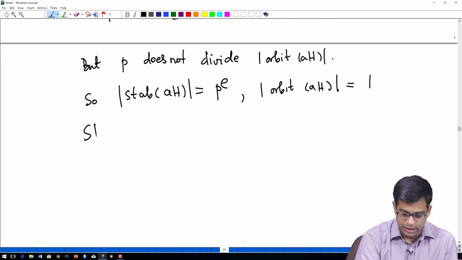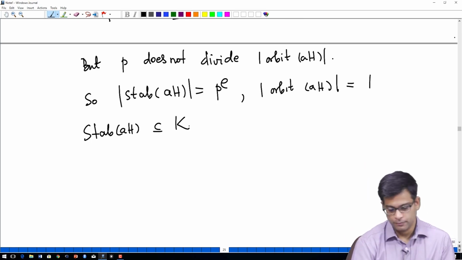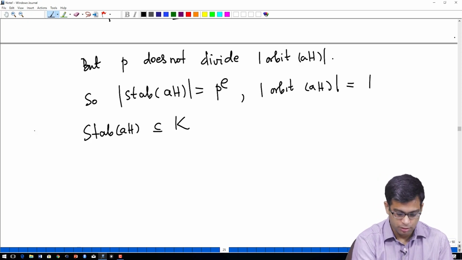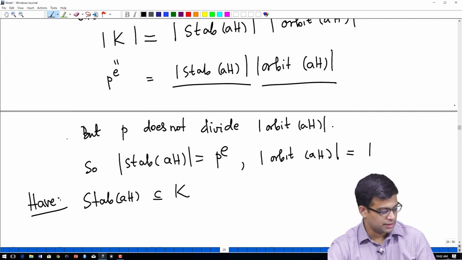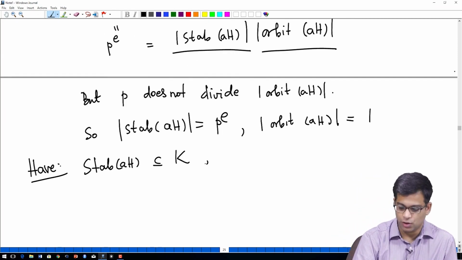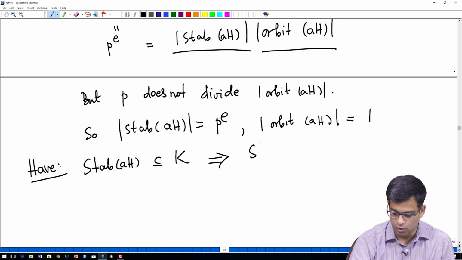But remember, the stabilizer of aH, where is it living? It is living in K, because we are looking at the K action. Stabilizers are subgroups of K, but K has already order p^e, and the stabilizer also has order p^e.